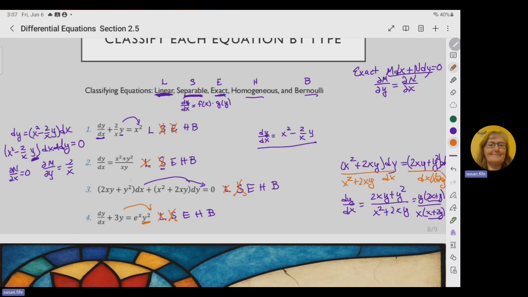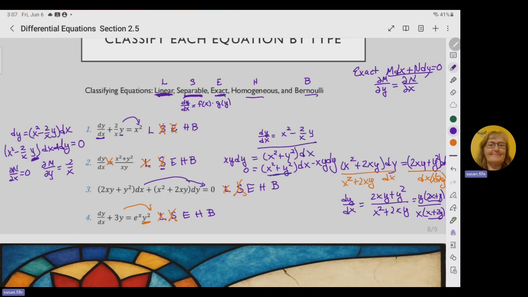Maybe this one is. If I take cross products, then I'll have xy dy equals x squared plus y squared dx. And if I bring that dy term over, it gives me x squared plus y squared dx minus xy dy, and that's equal to 0.